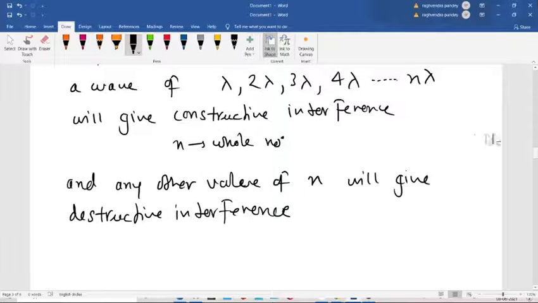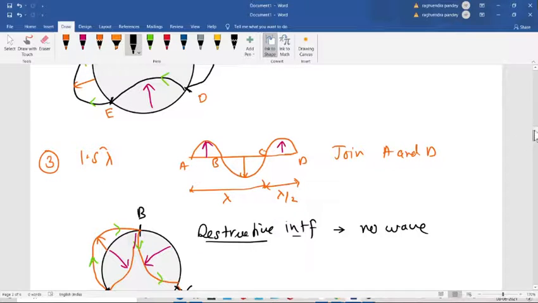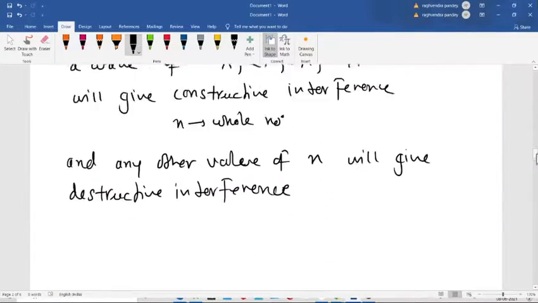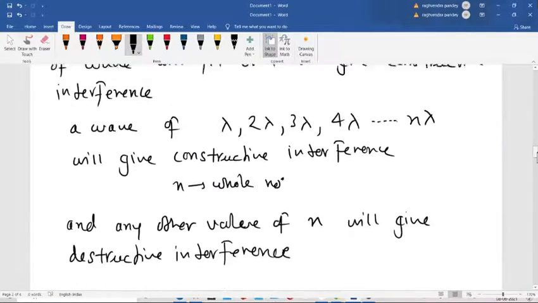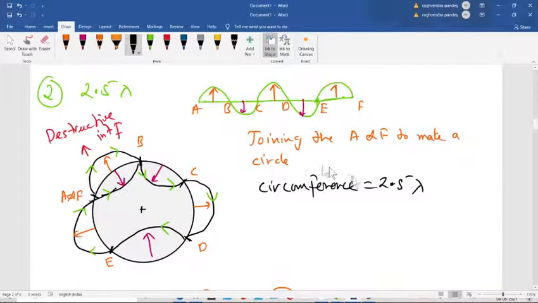So 1.5 is not a whole number, 2.5 is not a whole number, so all of these will give a destructive interference. That is called quantization of the radius. Actually, I'm talking about the circumference, not the radius. If the circumference is 2.5 lambda, it will not work.